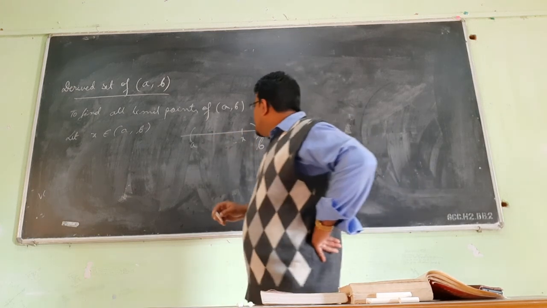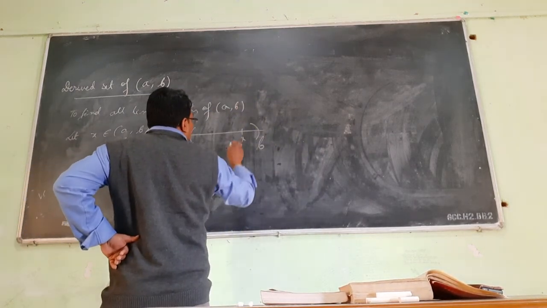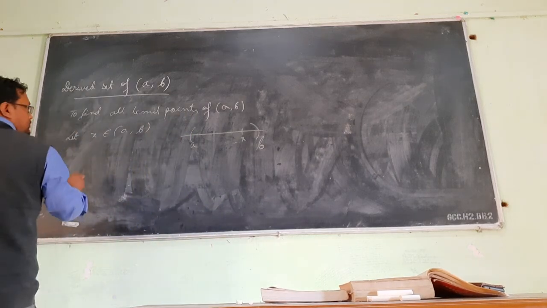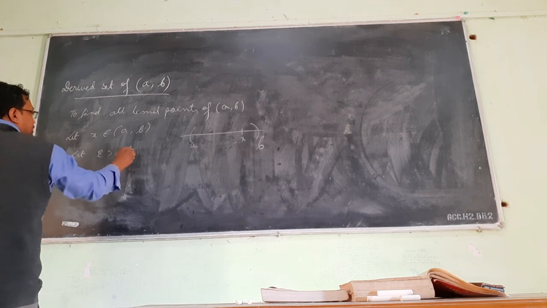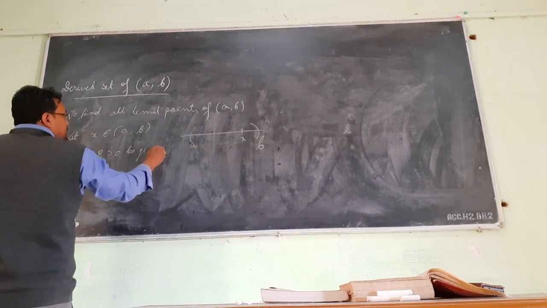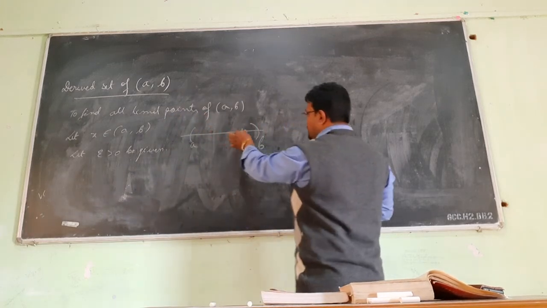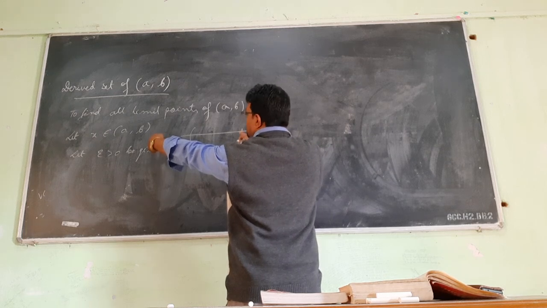Okay. So let us consider an epsilon neighborhood of this x. So let epsilon greater than 0 be given. This epsilon may be large also.